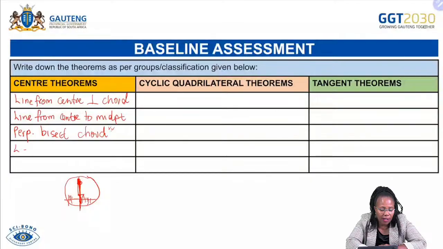And then we have angle at center, which is twice the angle at the circumference. Lastly, we are having angle or angles in semicircle, or you can write it as angles in half circle.